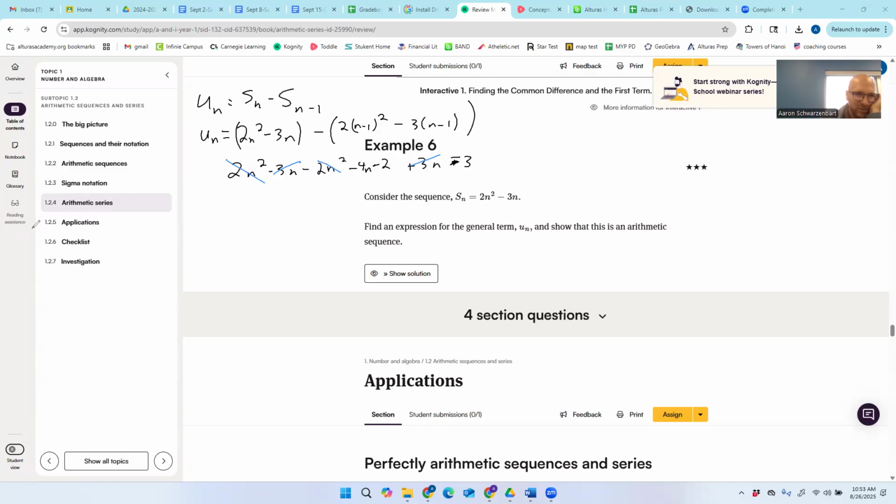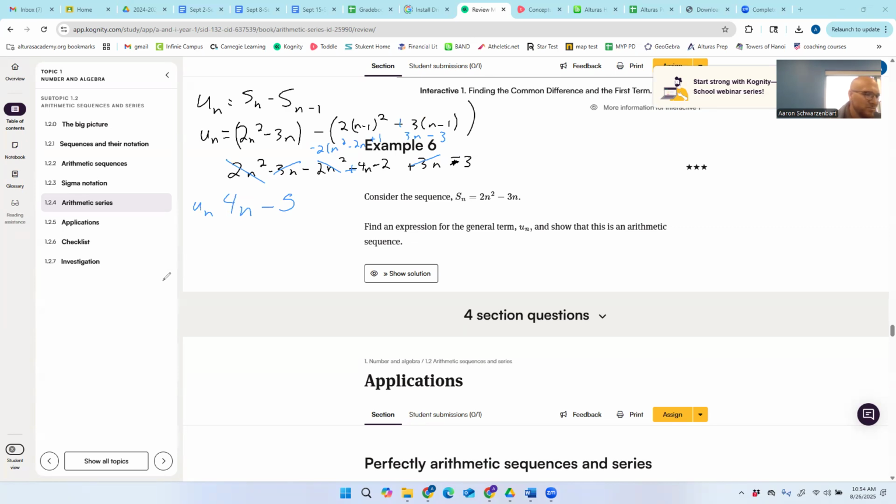I'm trying to simplify too much too fast. So I get, this is also a plus. Okay, I should have written it out. Negative 2n squared minus 2n plus 1. This becomes a plus 3n minus 3. Okay. Yep, that works. So now I get 4n minus 2 minus 3 is minus 5. That is u sub n.